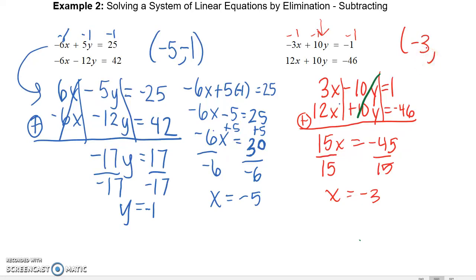Now I need to plug -3 into one of the two equations, so I'll use the first one. -3 times -3, I'm substituting that in for x, plus 10y equals -1. 9 plus 10y equals -1.